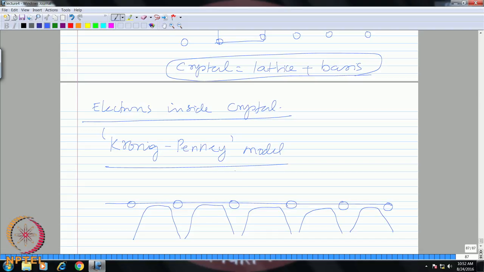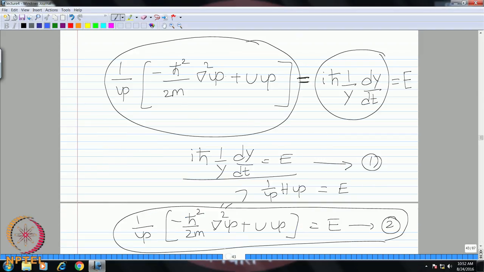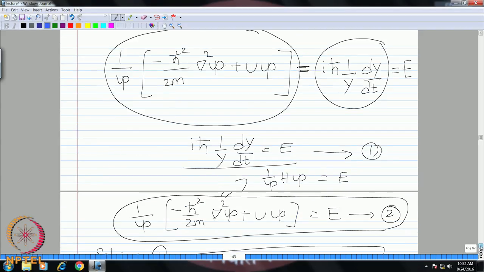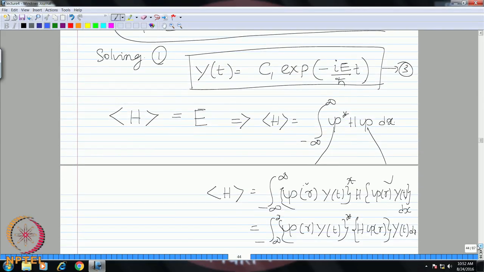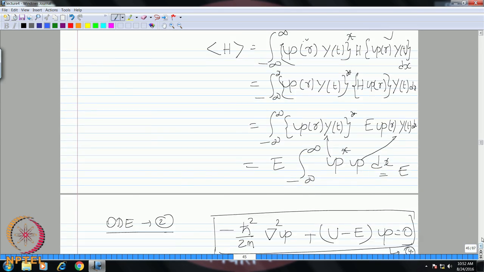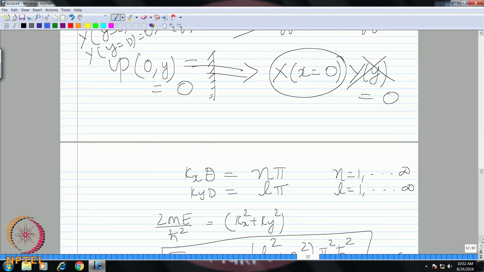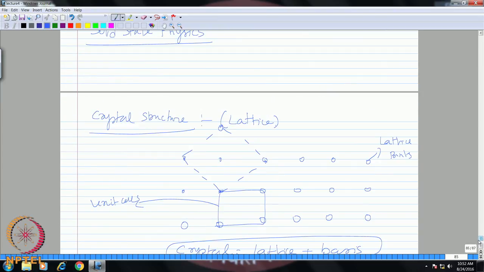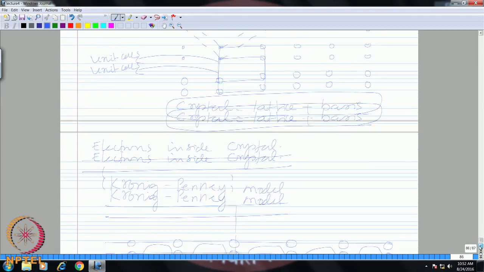Okay. So, we can consider a unit cell to model the electron motion. The electrons could be confined within these potentials.